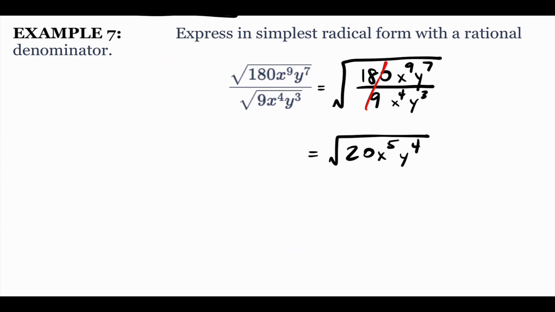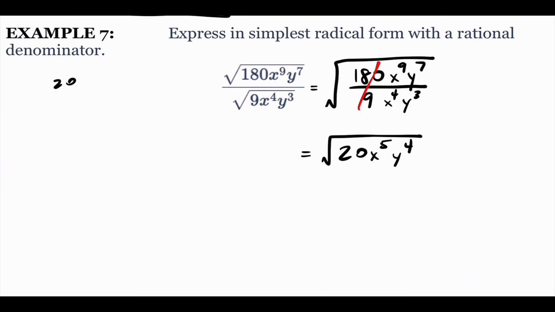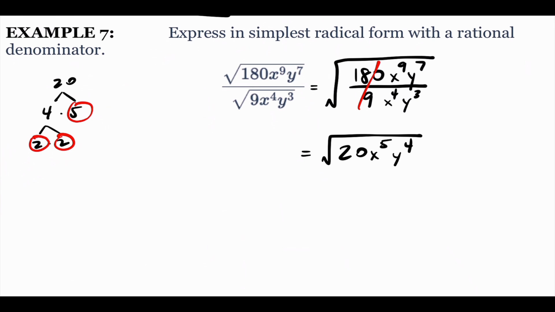Now we can go to step 1. Break everything down. We're looking for pairs. So we got to break down 20. So instead of 20, I have 2 times 2 times 5, x to the 5th, y to the 4th.